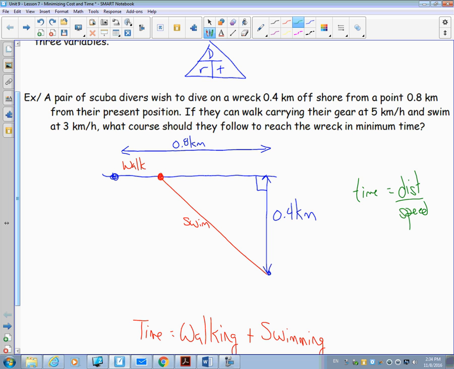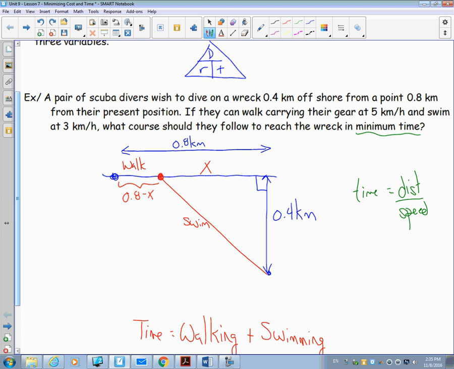We want to minimize our time here, so I want to talk about each of these sides of my triangle in terms of time. I don't know how far I should walk, so I'm going to make this x, which would make this piece in between here 0.8 minus x.